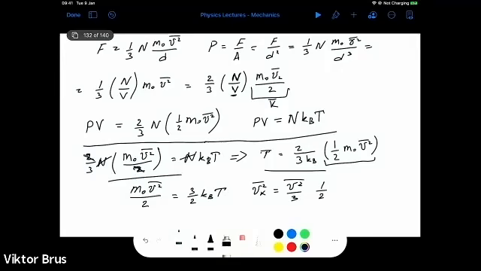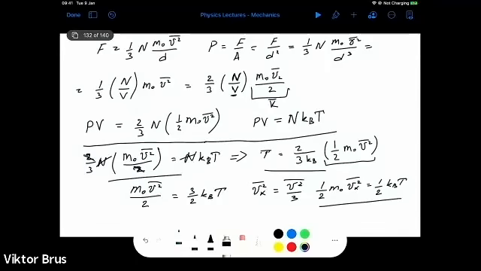1 over 2 m naught Vx square, which means the x component of the average kinetic energy of molecules, will be equal to 1 over 2 kB times T. And that means that also the same will be true for all other components.